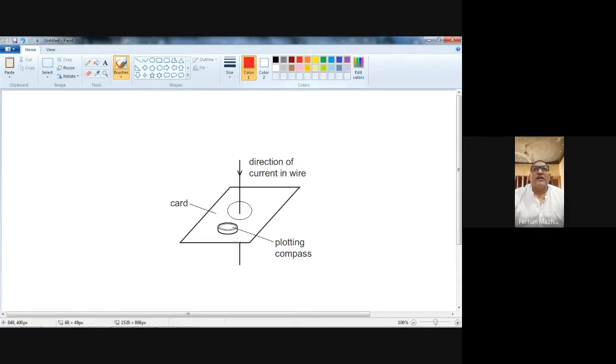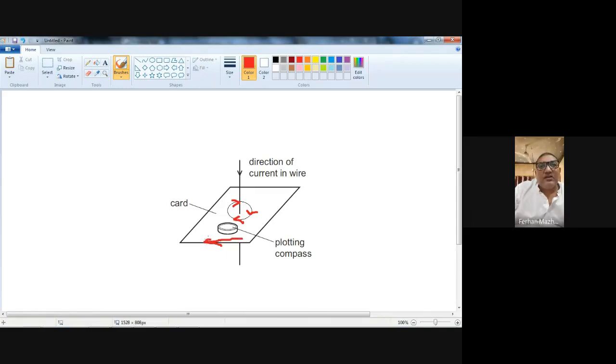Clockwise means that the direction of the magnetic field will be clockwise, like this. The magnetic field around this conductor will be circular, and because the current is going downward, I know that the direction of the magnetic field around this straight conductor will be clockwise. And where you have plotted the compass, the direction of the magnetic field will be in this direction.